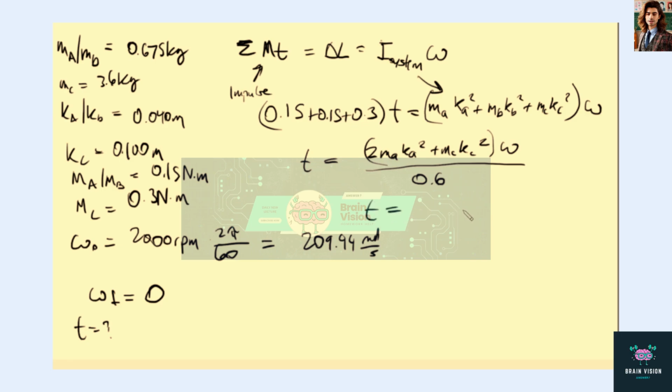That's going to be t is equal to 2 times 0.675 times 0.04 squared plus 3.6 times 0.1 squared times omega, which is 209.44, all over 0.6.